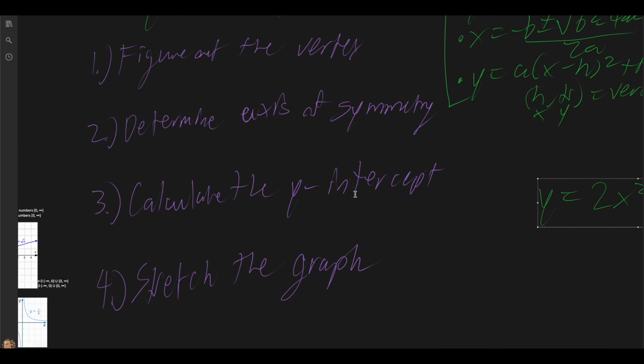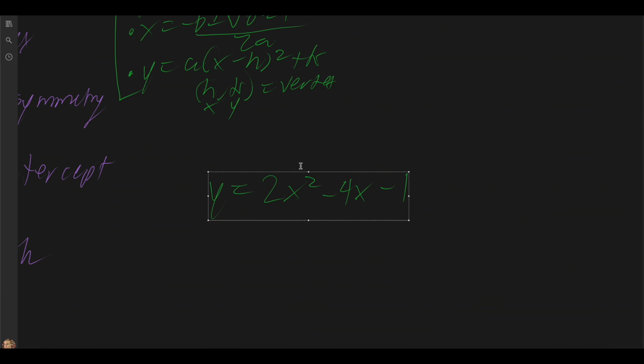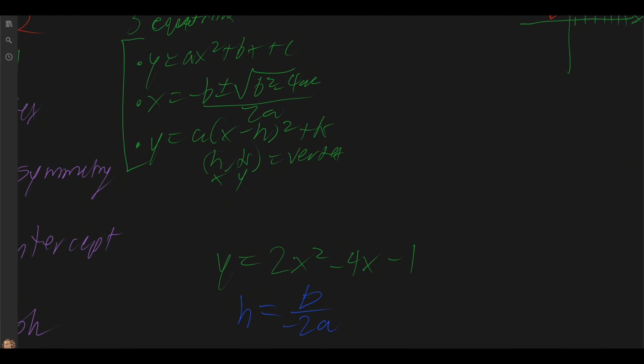In order for us to figure out what the vertex is, we're actually going to be relying on this bonus equation, strangely enough. It's denoted as h equals b over negative 2a. And for us to figure out exactly what we have, we can figure out what a, b, and c are.